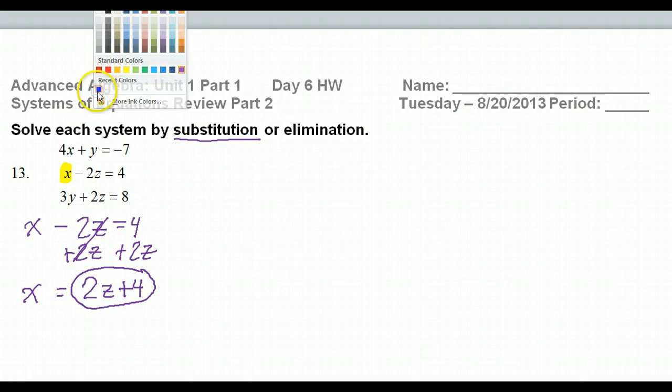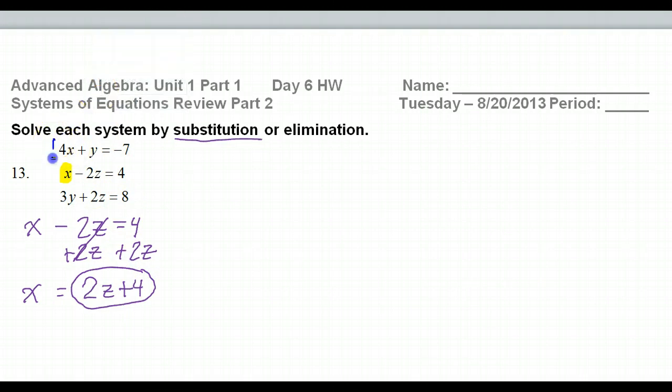Okay, so that leaves me ready to substitute this into the other two equations. I'm going to do this equation in blue. So that would be like starting off with 4x plus y equals negative 7. I just copied it down. And you know what? Normally I would substitute into the other equation as well.